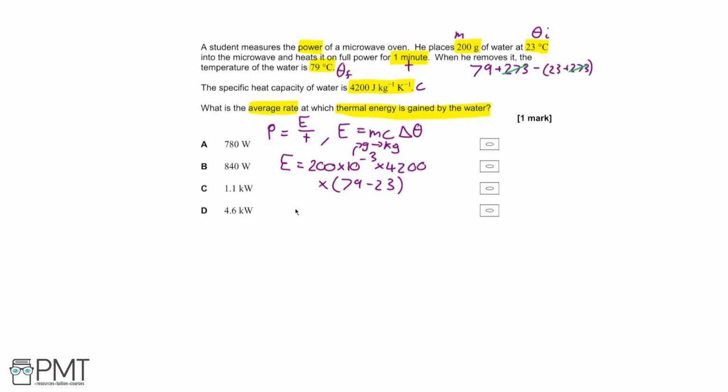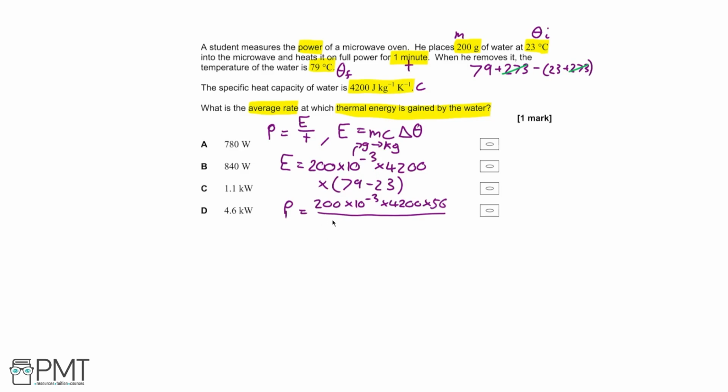Then, if you take this number that we get for the energy, you can substitute it into the equation for the power, which is given by, again, 200 times 10 to the minus 3 times 4,200 times the temperature difference, which is 79 minus 23, which is 56. Then we divide by the time taken to transfer that amount of energy to the water.